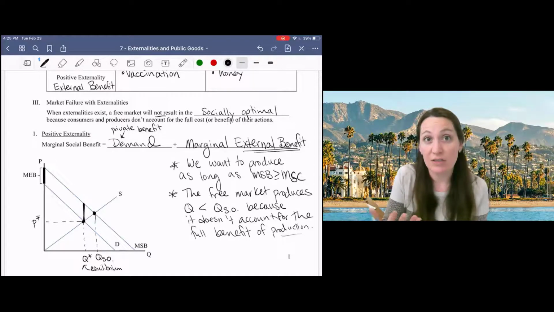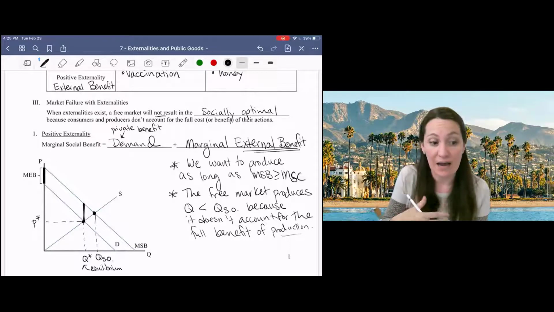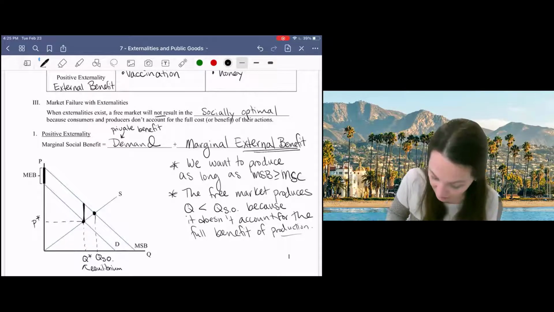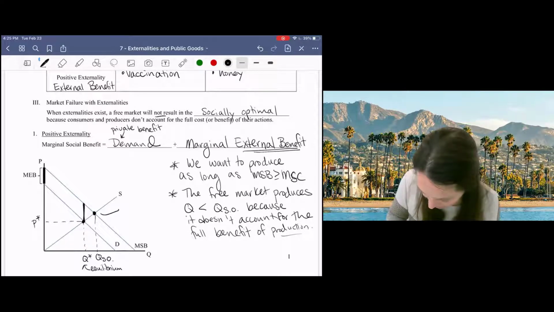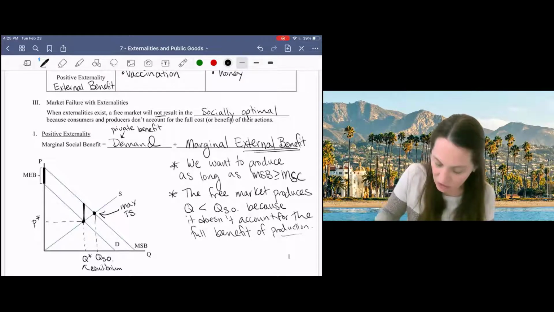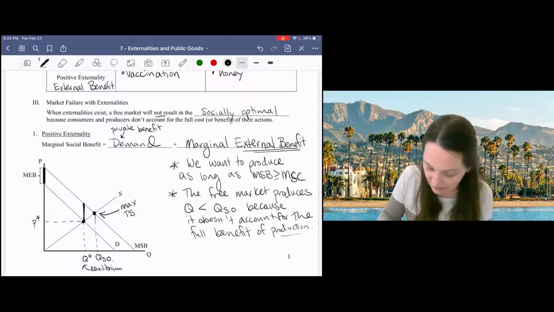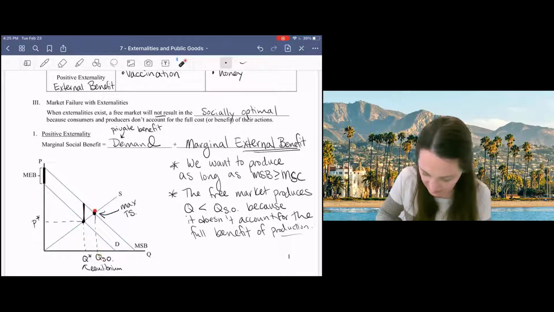And this results in a lower level of total surplus than could be achieved at the socially optimal quantity. Recall that socially optimal means maximum total surplus. So we know that total surplus is higher at this quantity than at the market equilibrium.